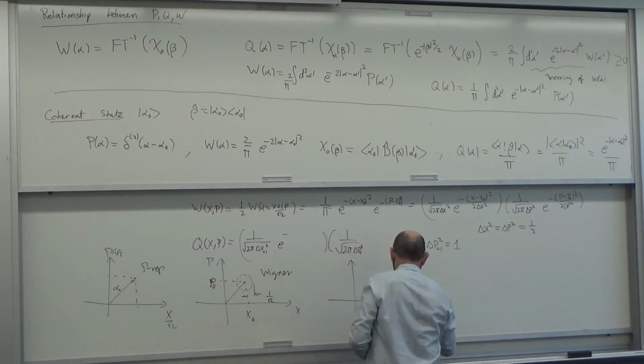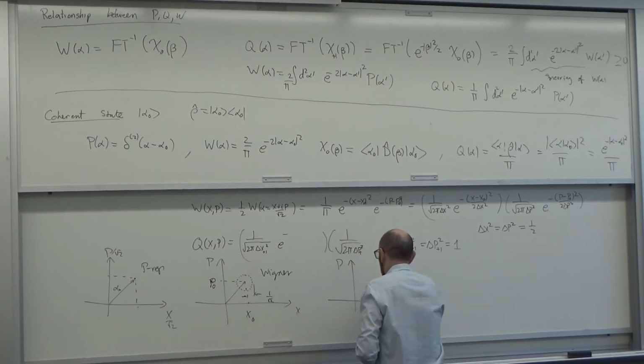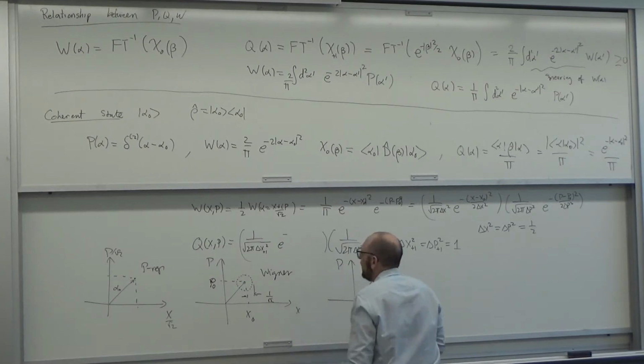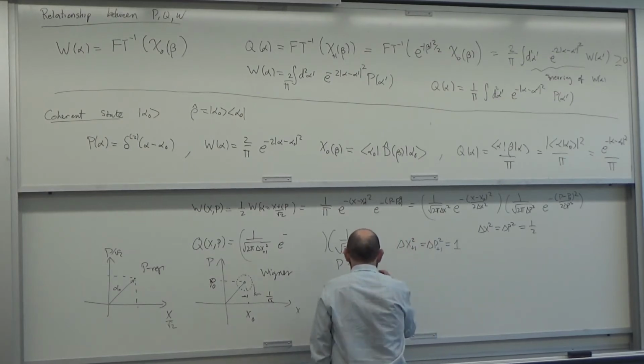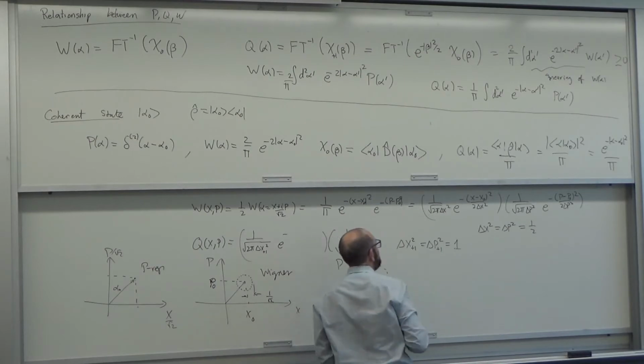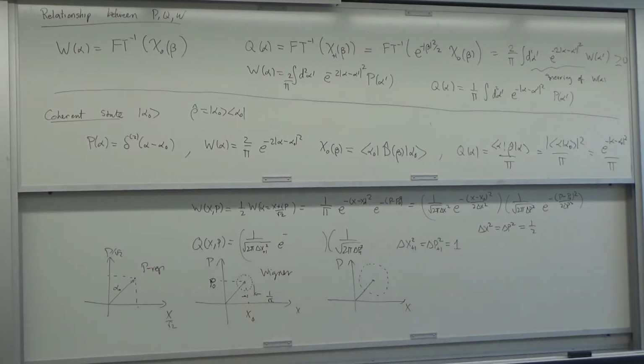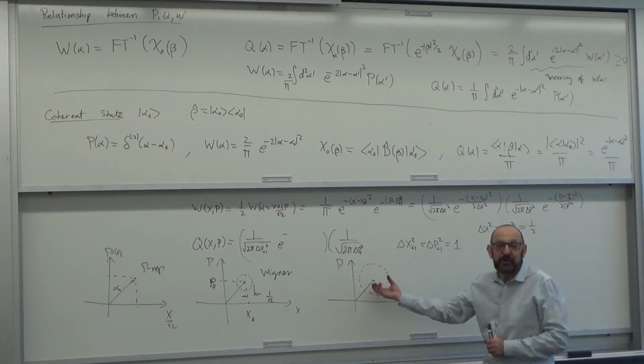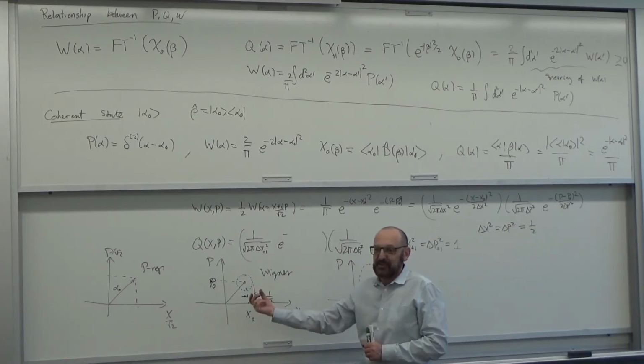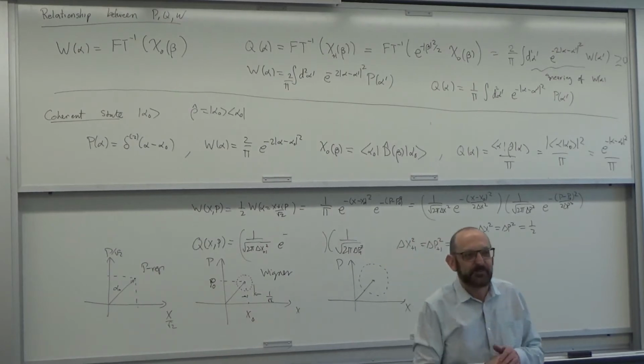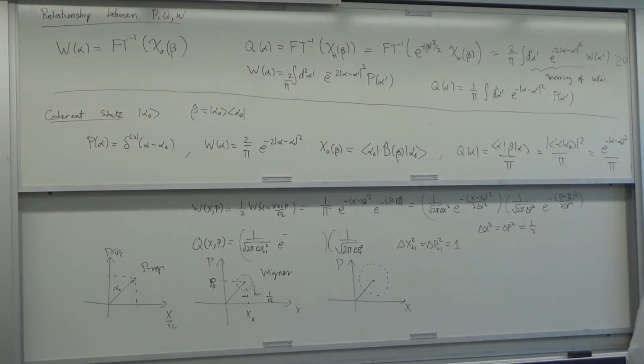What is it going to look like? Well, it's going to, again, be centered at the same thing, but it's going to have more noise. It's going to be more smeared out. It's a coarser version of the Wigner function. Okay? And it does not capture everything there is to capture.